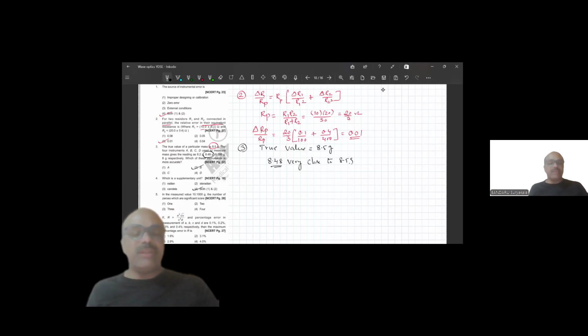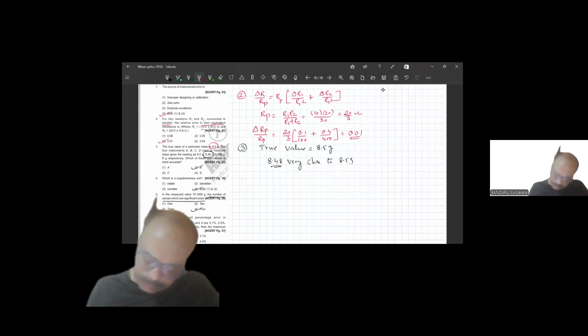After that, in the measured value 10.111000 grams, the number of significant figures they ask. Number of zeros which are significant they ask. So the answer is option 4. Why?